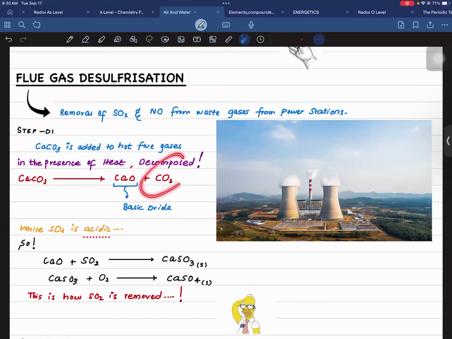I don't need the carbon dioxide, I need the calcium oxide, because it has a basic nature. It would react with sulfur dioxide, an acidic gas, and produce calcium sulfite. This is a solid, so it can be removed easily as compared to gases. This is flue gas desulfurization.